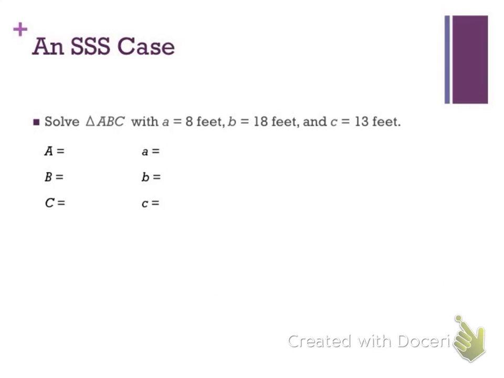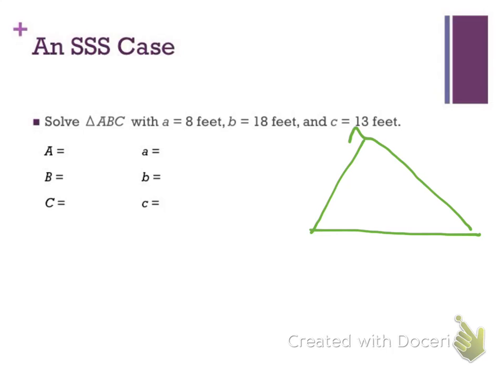All right, let's take a look at one more case, which is the SSS case. So this is a case where we know all of the sides of the triangle, but we don't know any of the angles. So we're being told that side A is 8 feet, side B is 18 feet, and side C is 13 feet. Again, we don't have a picture, so let's just start by drawing a quick sketch.